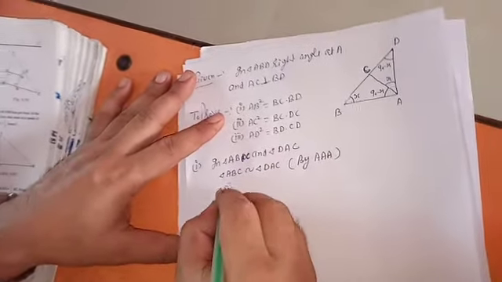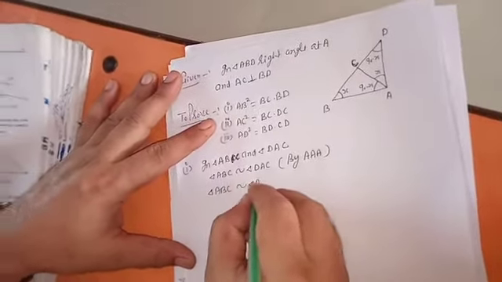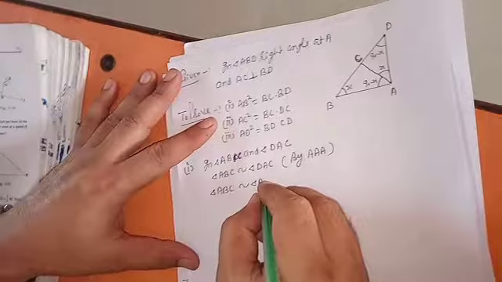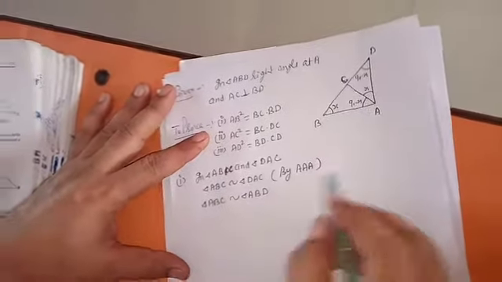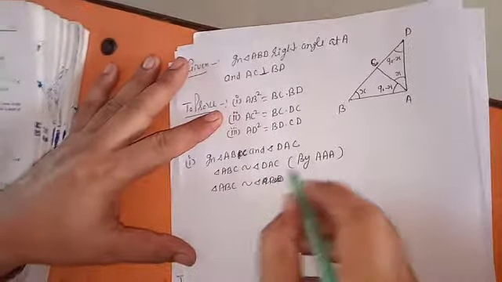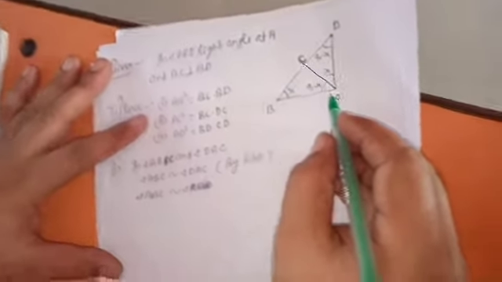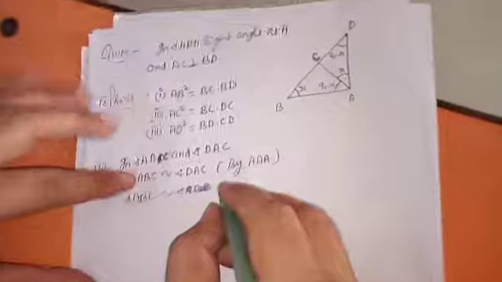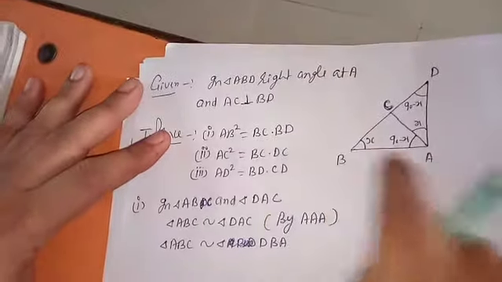Similarly, triangle ABC is similar to triangle ABD. ABC, right angle C. ABC is similar to what triangle? DBA.